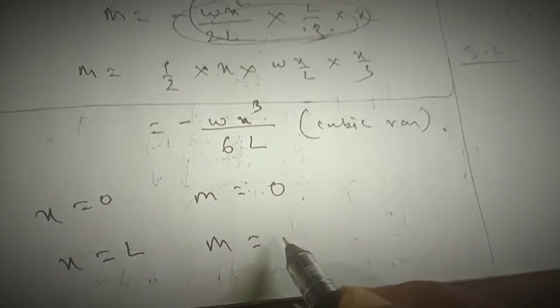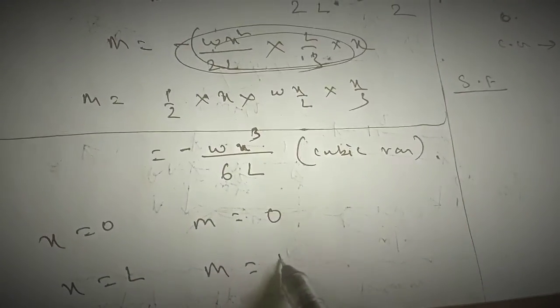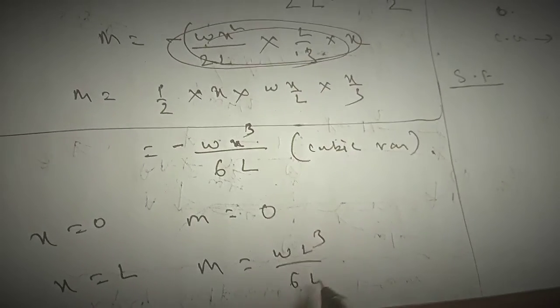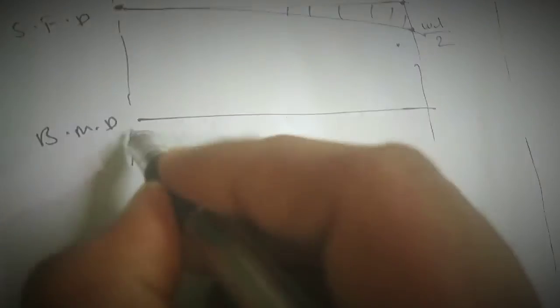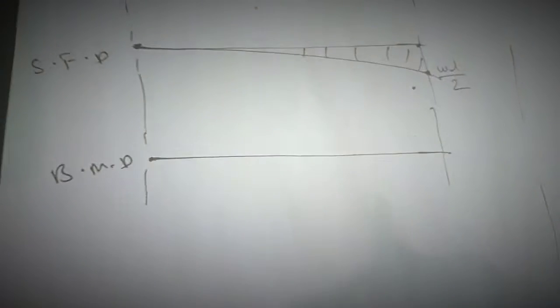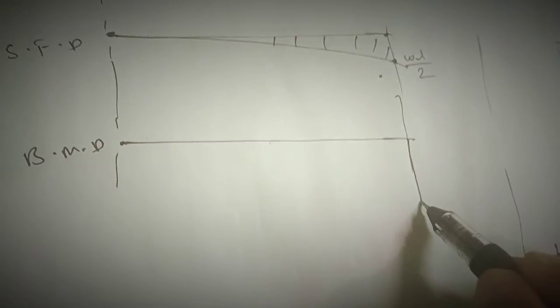Okay, now let's find moment at x equal to 0 and moment at x equal to L. If you put the value, moment at x equal to 0 will be 0, and moment at x equal to L will be WL cube divided by 6L, that is minus, so cancel it, there will be L square. So minus WL square by 6. At 0 the moment was 0, and at L the moment will be minus WL square by 6.